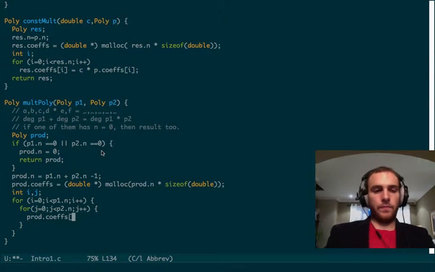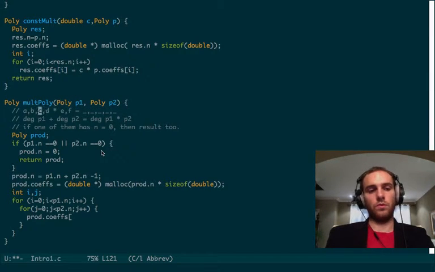So if we have B, which is i equals 1, and we multiply by F, which is j equals 1, we're going to go in the second slot, or the slot equals 2. So if you try a few more, you're going to see that taking this, multiplying by that, i, j goes in the i plus j position.